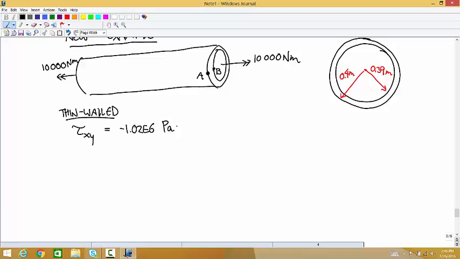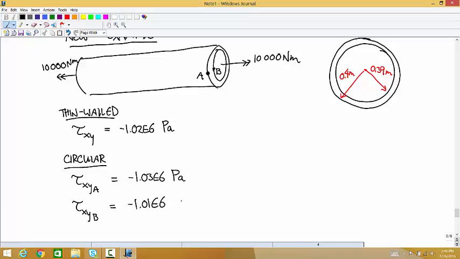Smaller rho? The rho isn't any smaller, but there's less cross-sectional area trying to withstand that torque. And using the circular approach, tau xy for the outer surface is negative 1.03 times 10 to the 6, and tau xy for the inner surface is negative 1.01 times 10 to the 6.